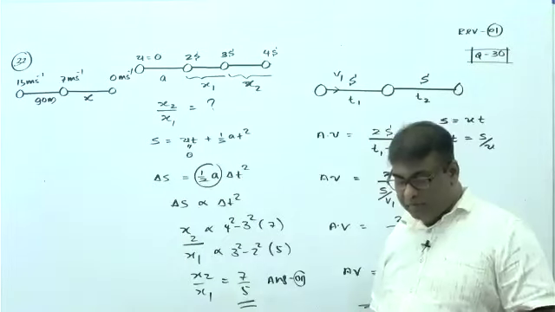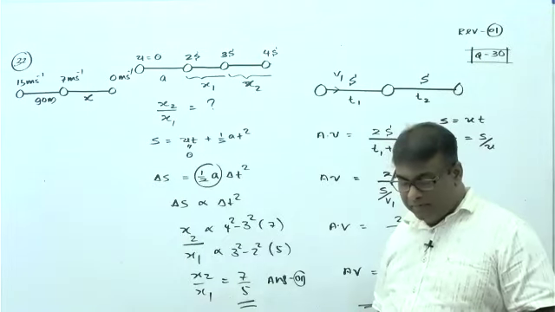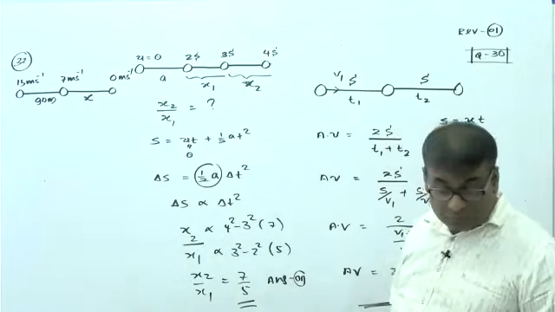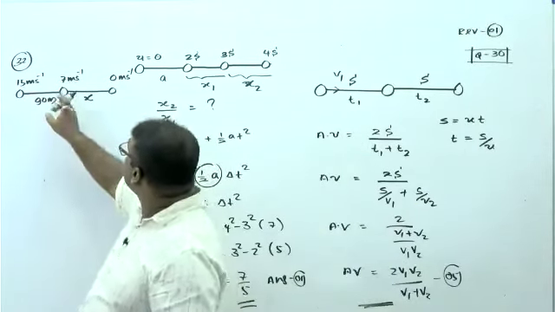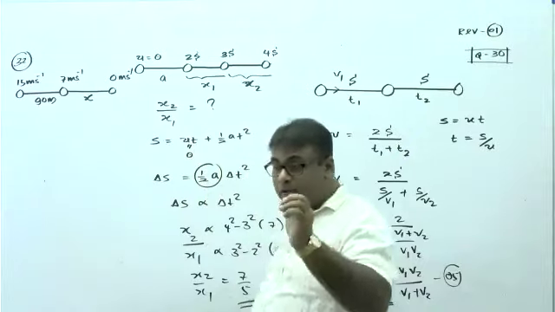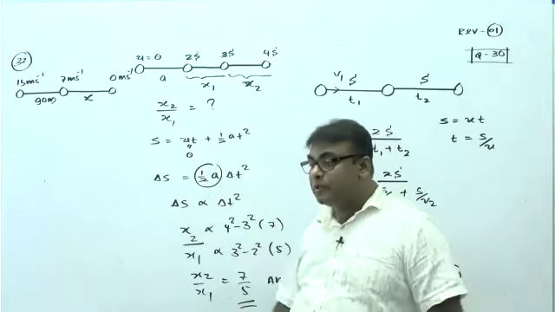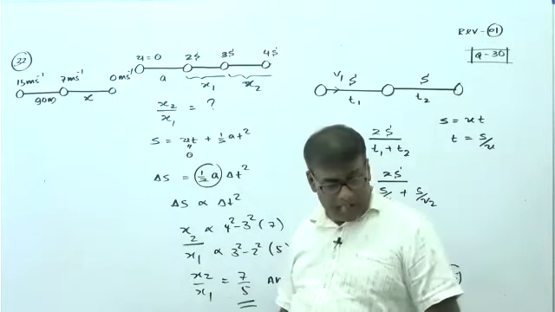They need, before coming to rest, it will travel a further distance, from here to here. The given distance is 90, they need from here to here. Quickly.